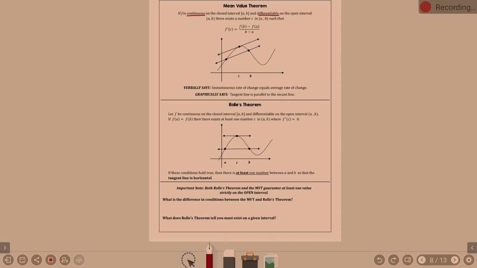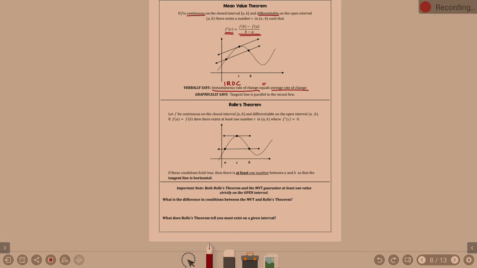Verbally, when they give this piece right here, f prime of c equals f of b minus f of a over b minus a, f prime of c is instantaneous rate of change, or in other words, what we lovingly refer to as IROC, equals average rate of change. What's the right side of this? AROC.